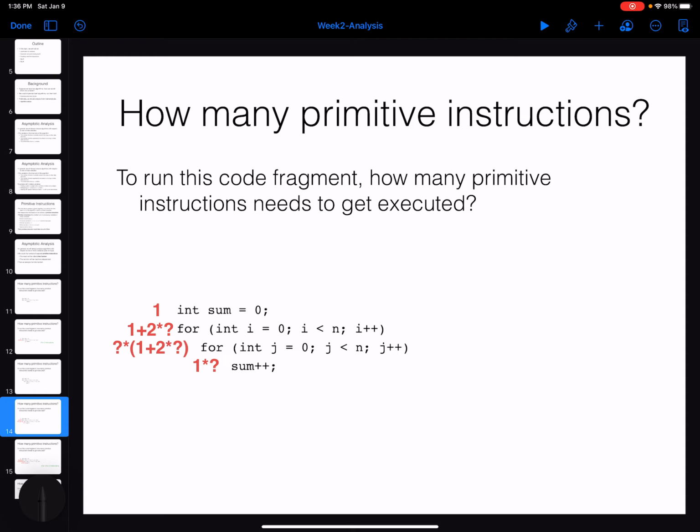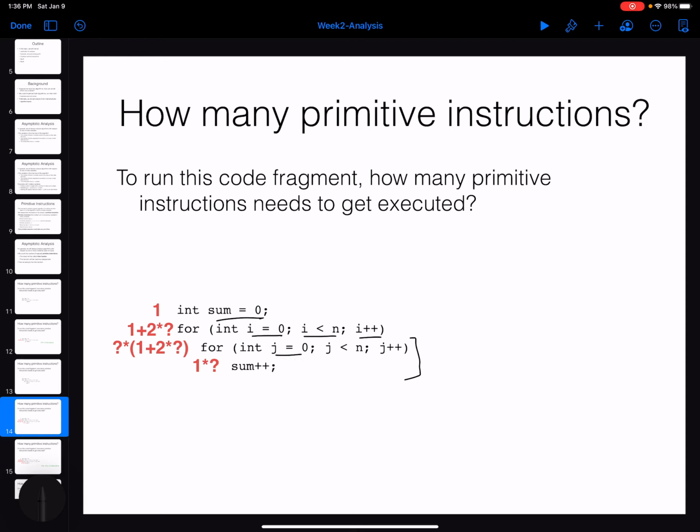okay, one instruction here, one initialization here, one initialization here, n number of comparisons, n number of comparisons here. This loop, if I just isolate it, forget that it is inside the other one.